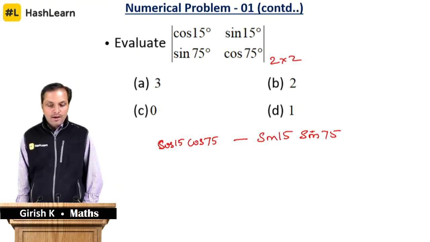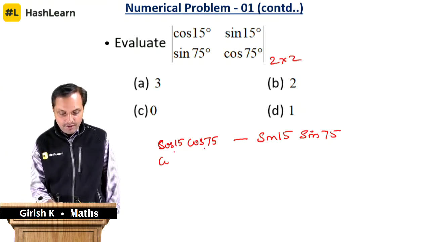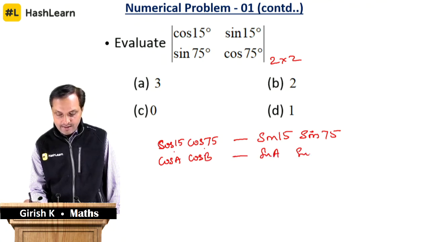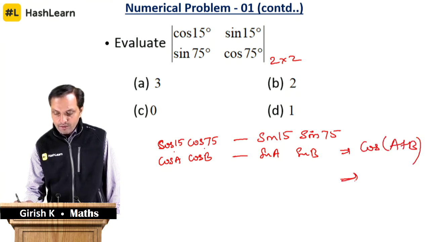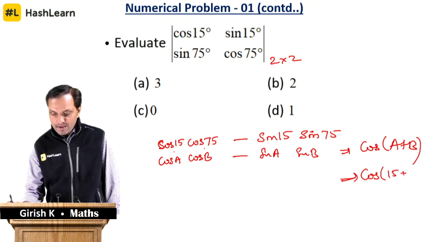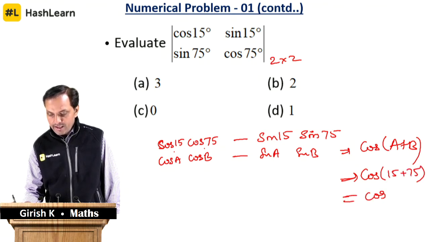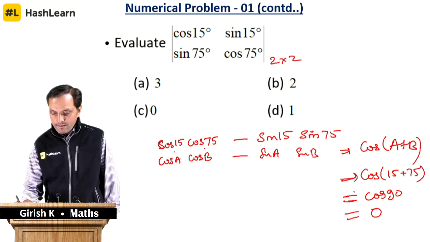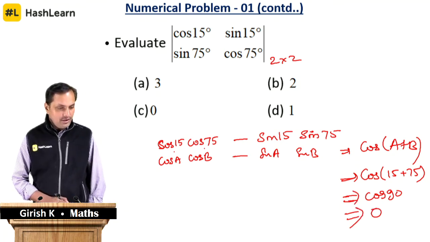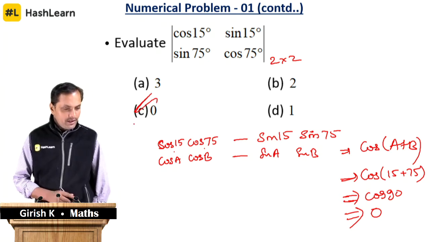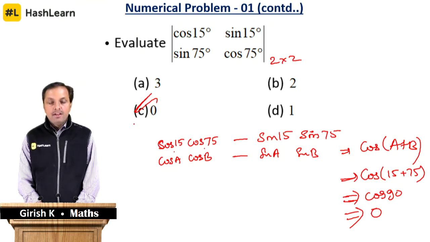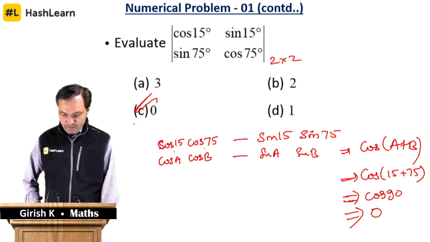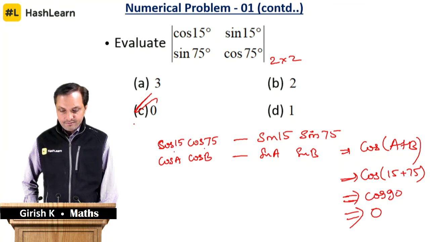It is like the formula cos A cos B minus sin A sin B, which is cos of A plus B. You can treat it as 15 plus 75. So cos 90, and the answer for cos 90 is 0. Very good, Vidya Shankar. Hope you followed the steps. Get ready for the next question, numerical 2, with 45 seconds.